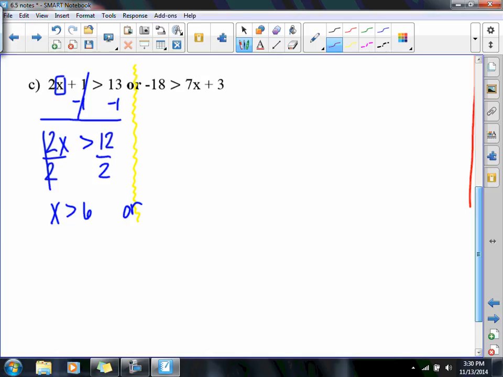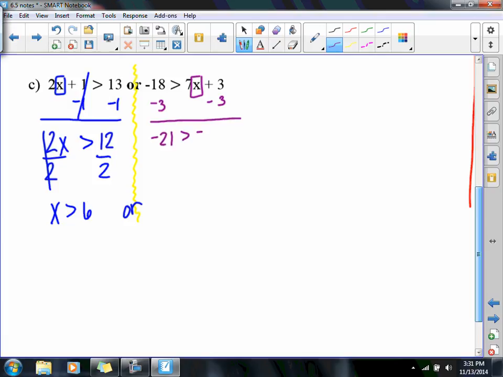on the right side, I have to solve for this x. Now this x is on the left side of my inequality. So when I finish solving, I'm going to have to take a moment and flip my inequality around. And first thing I have to do is subtract the 3. And again, there's that yellow divider, so I don't want to subtract 3 anymore. I want to stop right here. Okay, negative 18 minus 3 more is a negative 21.